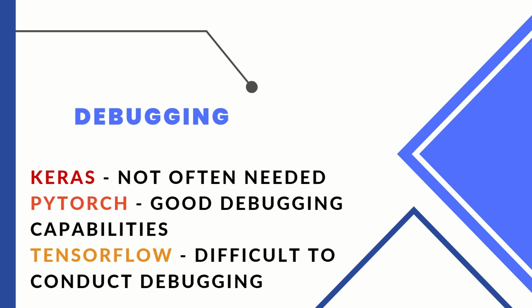That is because it has all the built-in methods which do extensive input validation checks. So it keeps on checking, and it has various layers, and that's why debugging is not often needed. Whereas PyTorch has very good debugging capabilities. And TensorFlow, again, it is difficult to conduct debugging.